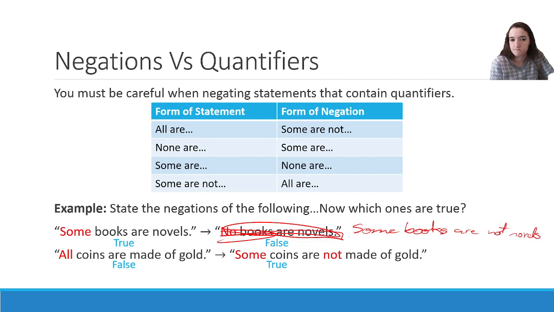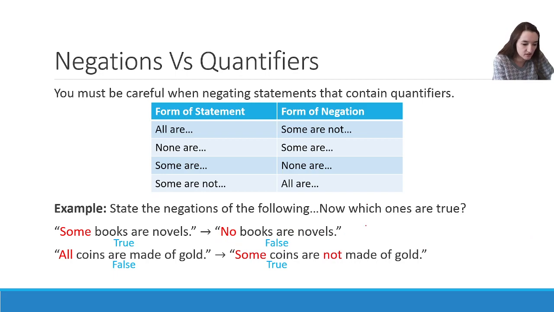Okay. Now is that true or false? Well, nonfiction books exist, right? Nonfiction is not novels. So some books are not novels, right? Those nonfiction books are not novels. So this is true. And notice how it's not the opposite value? So that can't be the negation of some books are novels.